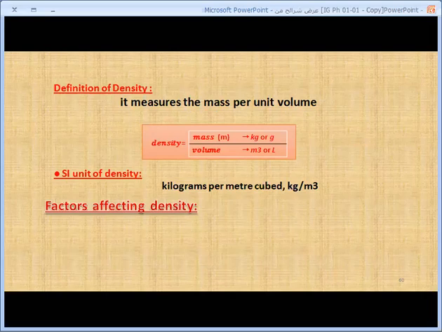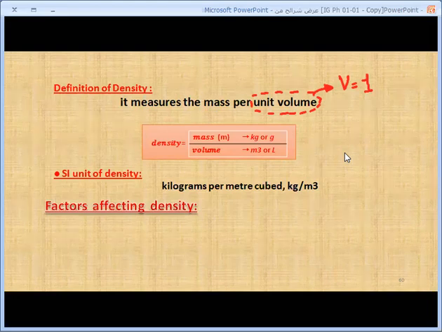So, Mr., what's meant by the words unit volume? Unit volume means volume equal to 1. 1 what? 1 unit, any unit you want to use.